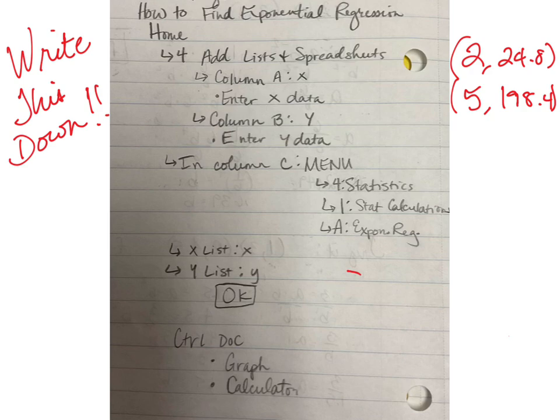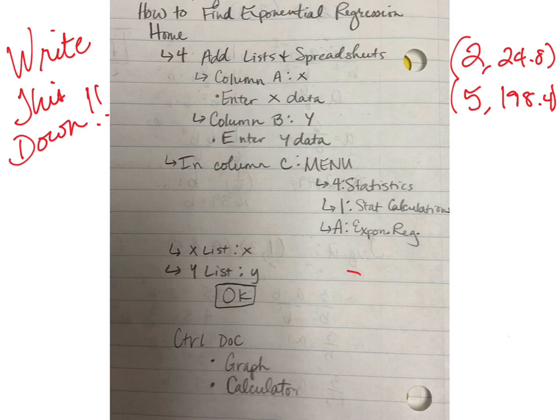And you're going to do the same thing with the Y values. So you're putting the X data in the X column. You're putting the Y data in the Y column. So far, so good. 24.8 and 198.4. Everybody good so far? Okay.